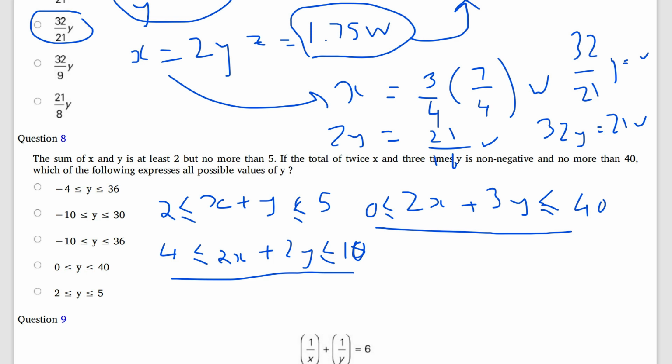I know it might be quite hard to see on the screen, but look at the difference. We've got 2x plus 2y, but here on the right we have 2x plus 3y, and the 10 has jumped to a 40.